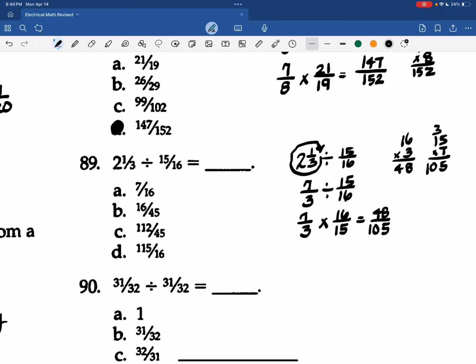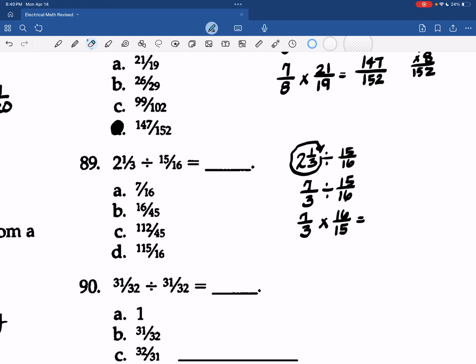Something's not right. So let me retrace my steps. 3 times 2 is 6, plus 1 is 7 over 3. 15 over 16. You flip the fraction that follows. 7. Oh, I'm a dingbat. That's the problem. Sorry.